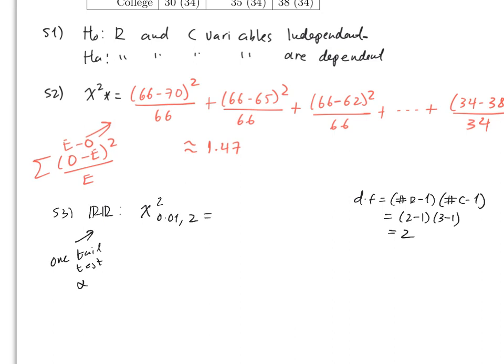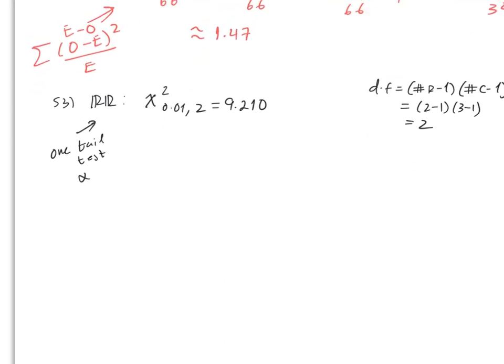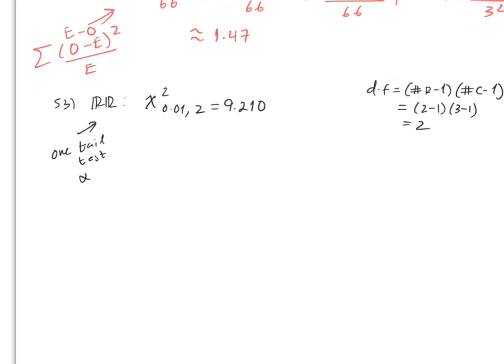If you look at the chi-square table, this is 9.210. Remember, the chi-square is not symmetric, so you have to watch out for that. This is a one-tailed test, which means you only need the right side. So technically, this is chi-square right.